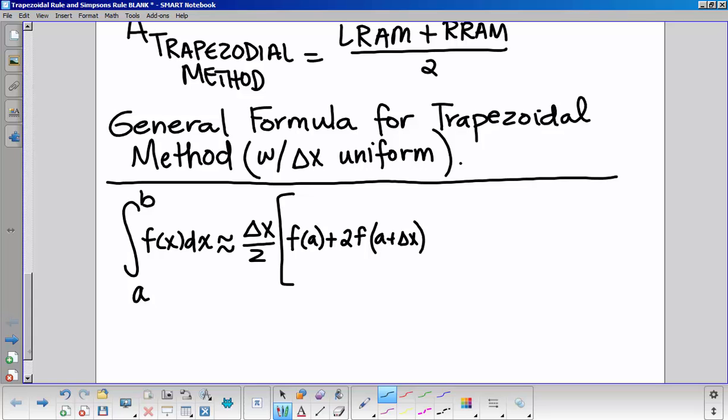It's because we were sharing both of these. Plus 2 f of A plus 2 delta x. Plus, and we follow the 2 pattern until the very end where we put f of B. And so the pattern is 1, 2, 2, 2, 2, 2, 1.